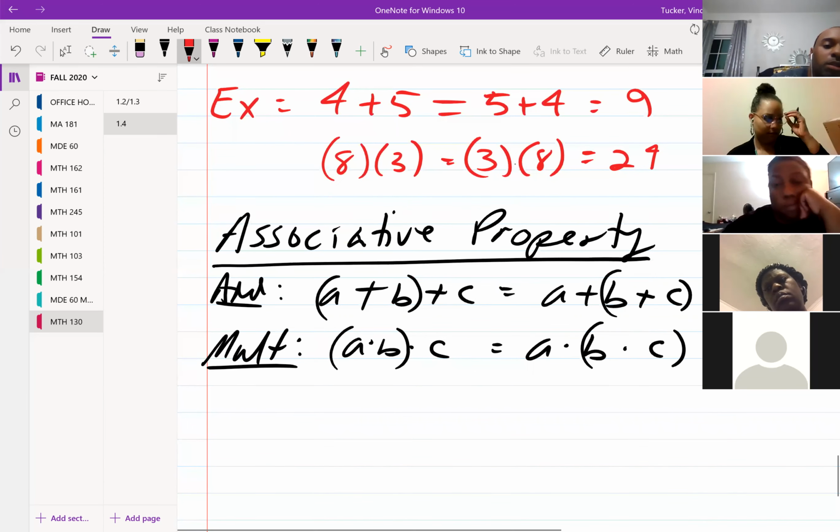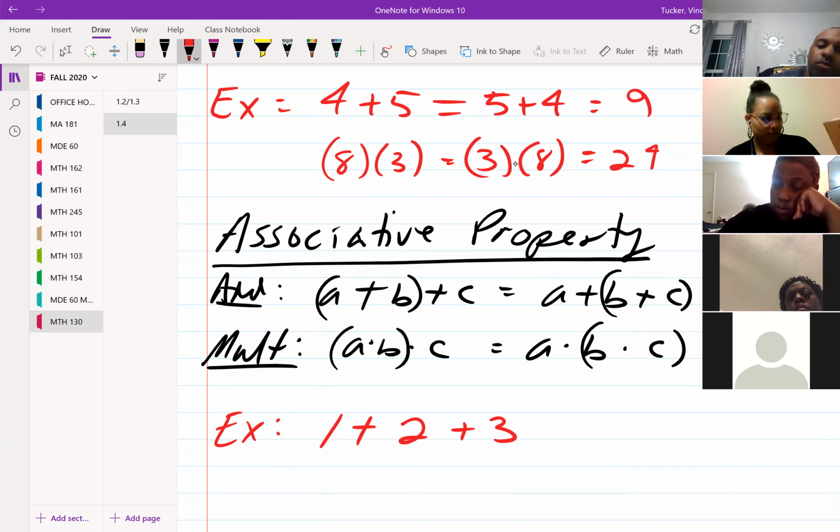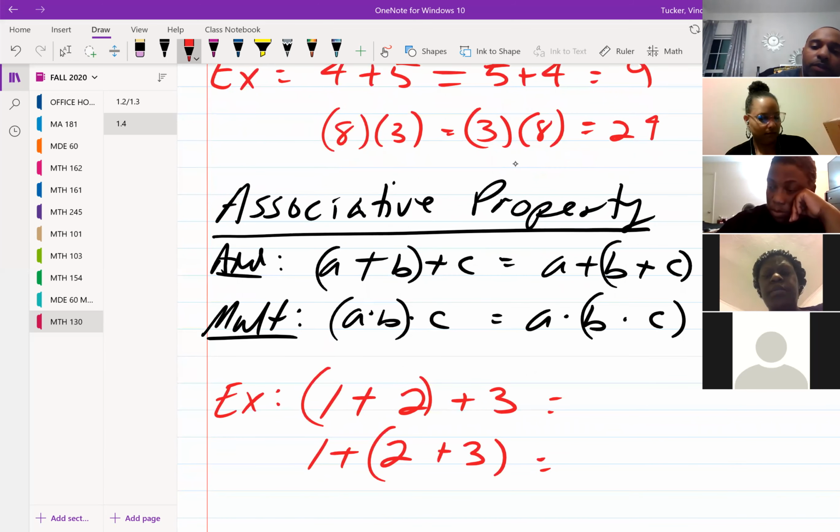So, example of that. All right, 1 plus 2 plus 3. 1 plus 2, if I do that first, that'll be 3 plus 3, which will give me 6. Then 2 plus 3, do that first. 1 plus 5 will still give me 6.